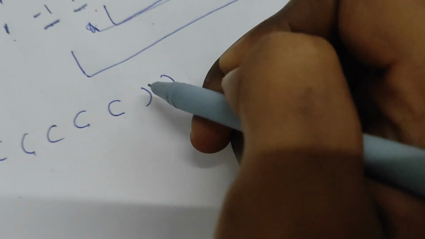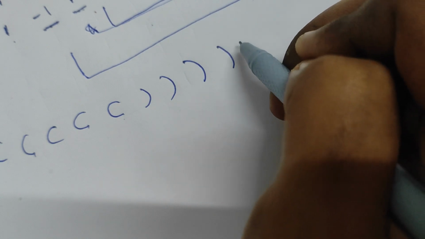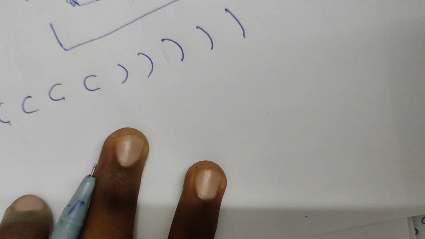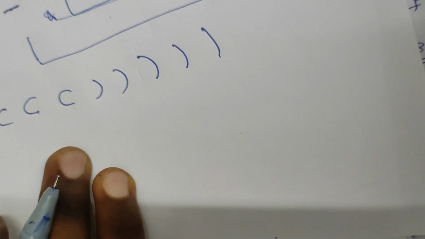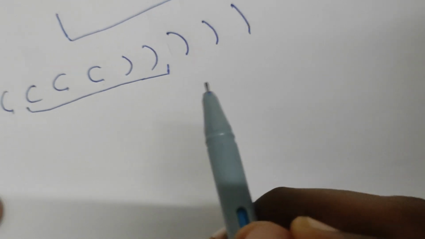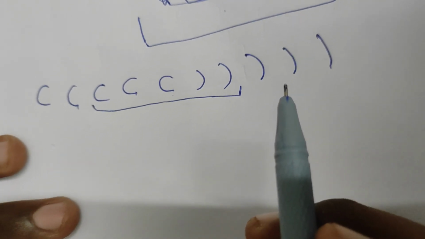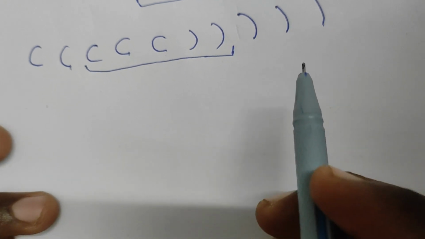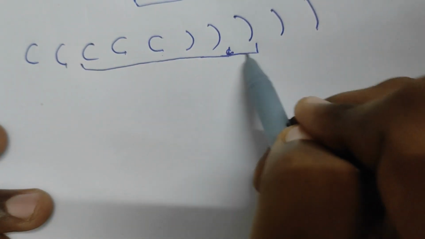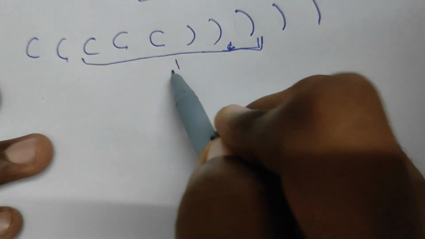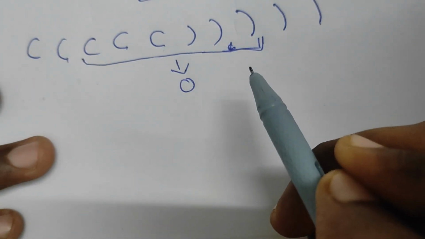The example is five opening brackets followed by five closing brackets. And this is the substring that I am going to choose. So the total value of this particular substring is equal to 0, right?